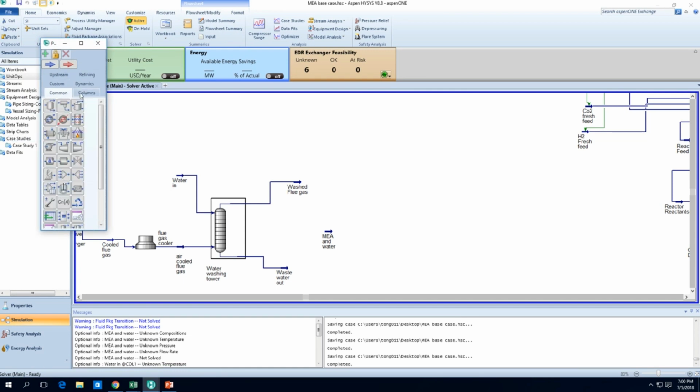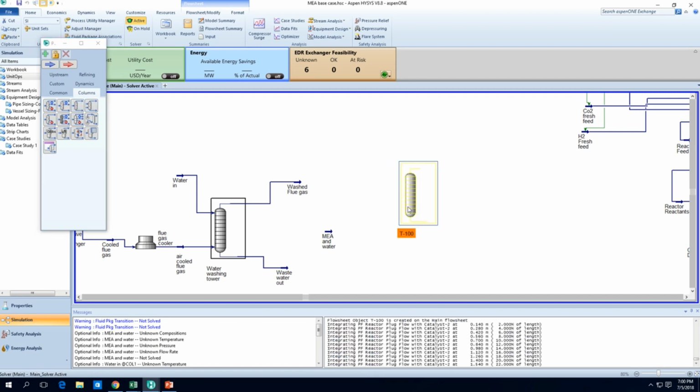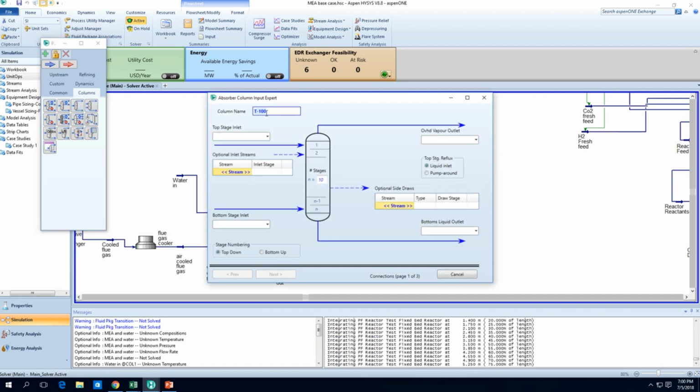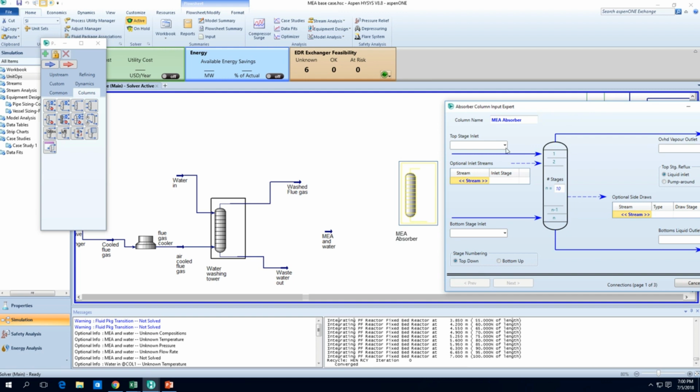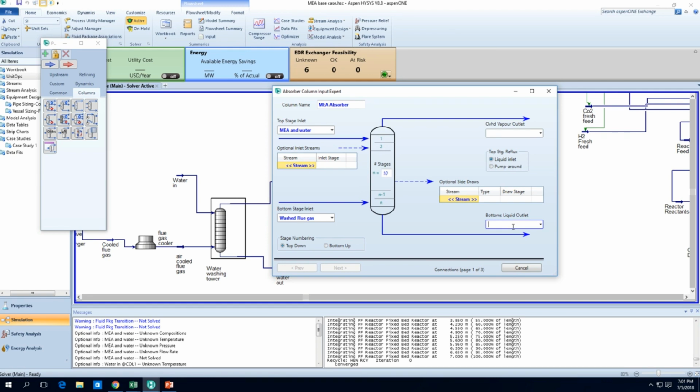Absorber tower, that's under columns. You go to this absorber subflow sheet, and we'll name it the MEA absorber. What goes in on top is the MEA and water. What goes in at the bottom is the washed flue gas. Bottoms will be rich amine.